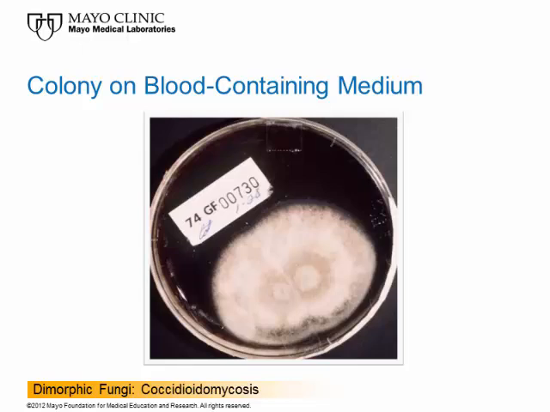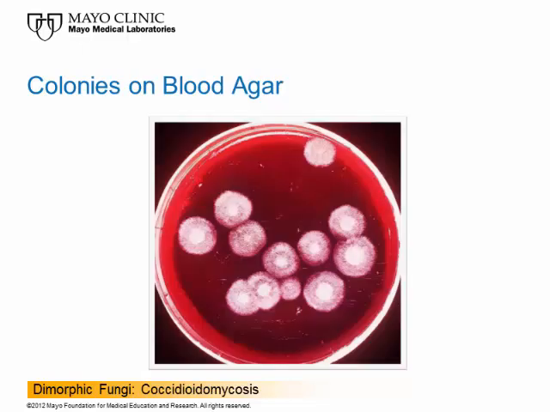Sometimes you see that this blood enrichment is helpful for recovering Coccidioides, but not as helpful as for some of the other fungi. This is one growing on a blood agar, and you can see that in the center it's domed, and in the periphery it's kind of more fluffy. And this is the example of those dome colonies we talked about.